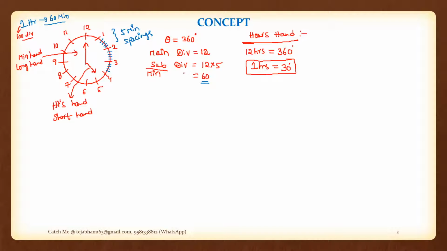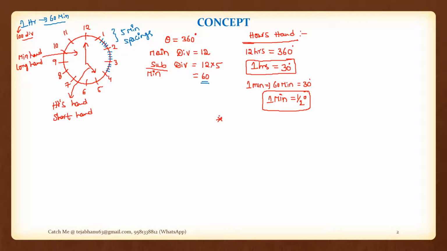And for 1 minute, since 1 hour consists of 60 minutes, 60 minutes is equal to 30 degrees, so 1 minute is equal to half a degree. That means the hours hand displaces half a degree for every minute.